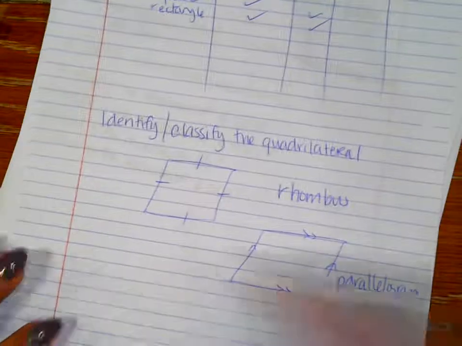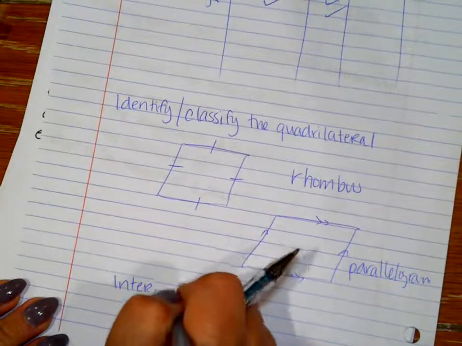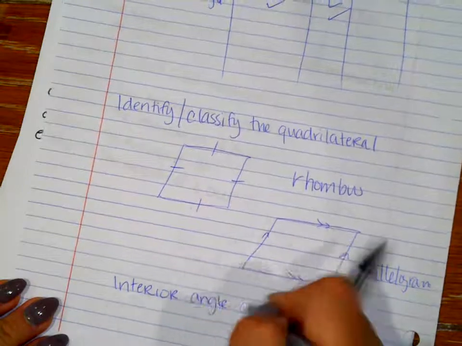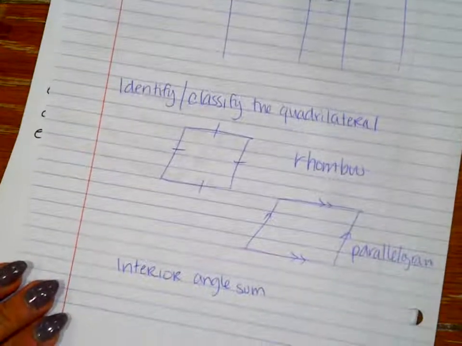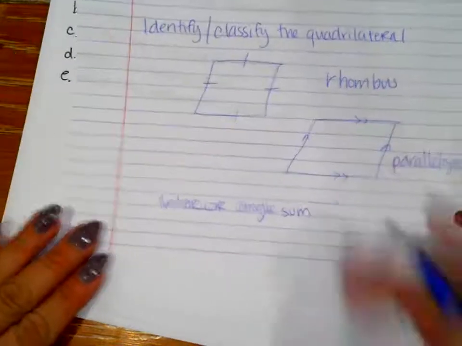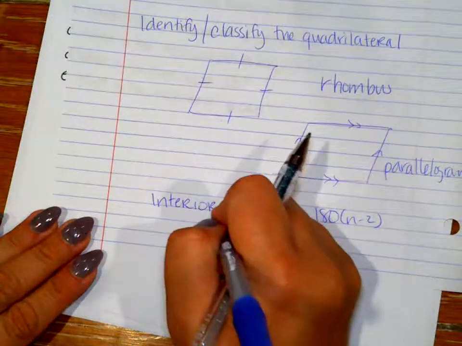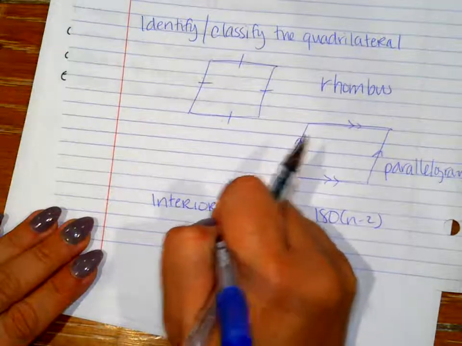There is the interior angle sum. That is this way, sorry. That's the 180 times n minus 2. There's the one interior angle.